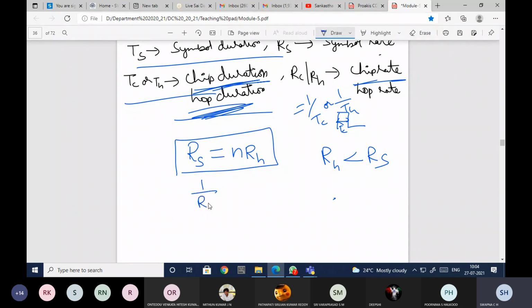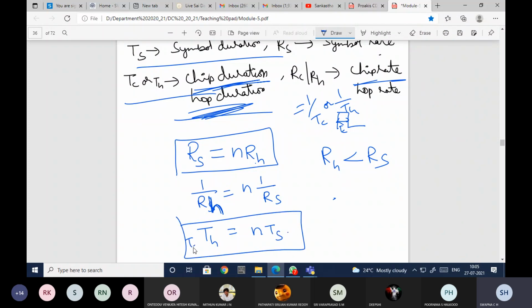So I'll have 1 by Rs equal to n into 1 by Rh. I'm taking this to this side and this to this side. So 1 by Rh is equal to n into 1 by Rs. 1 by Rh is nothing but Th or Tc. Th is equal to n times Ts. Or I can even write it as Tc is equal to Th.